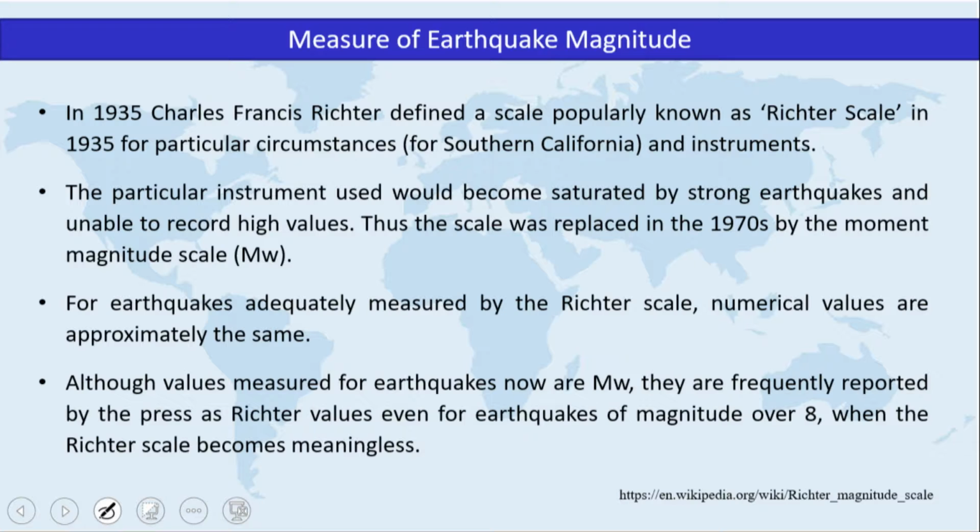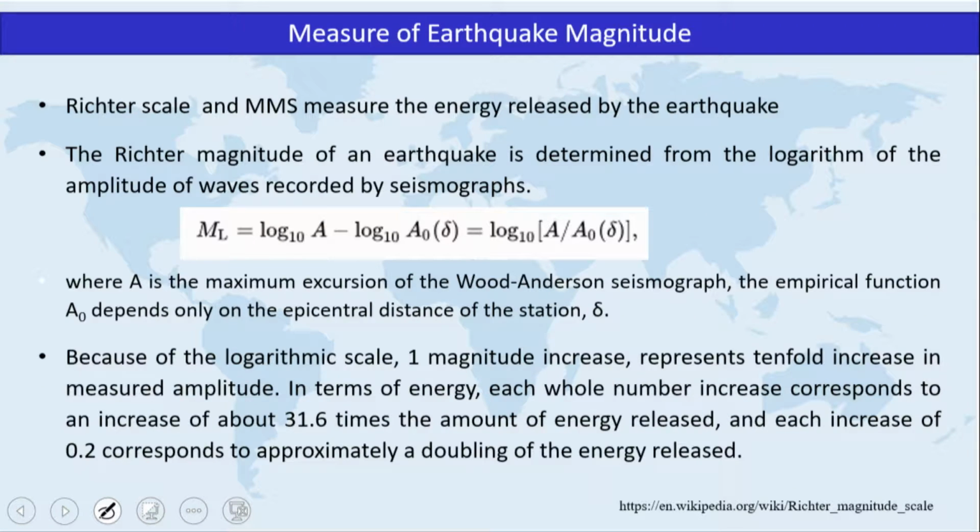And for the earthquakes, if they are adequately measured, then the Richter scale as well as the moment magnitude numbers will be the same, but these are two different scales. So it is defined as a logarithmic scale, and because they are defined as a logarithmic scale, one magnitude increase in the Richter scale represents a tenfold increase in measured amplitude.